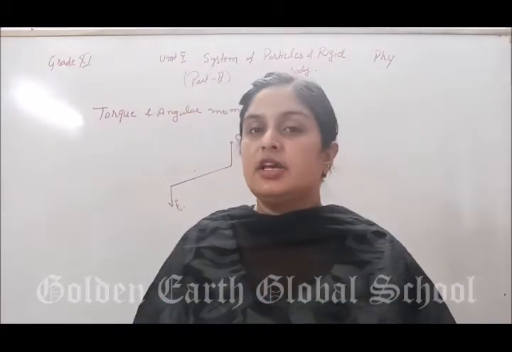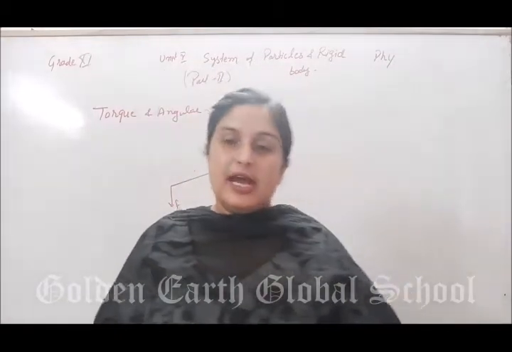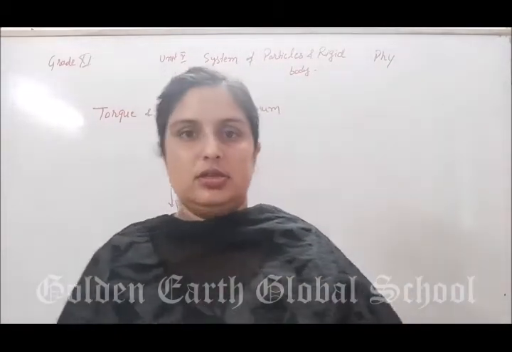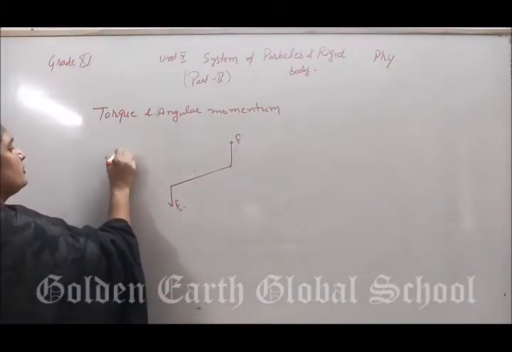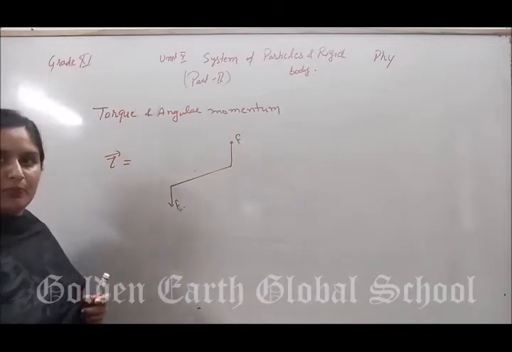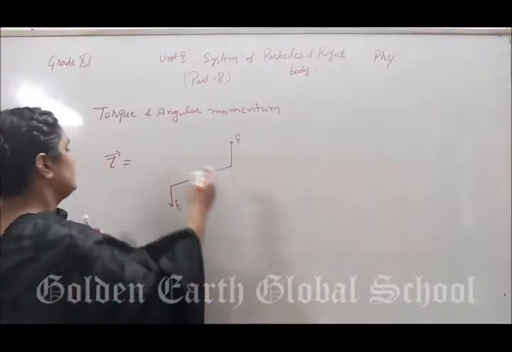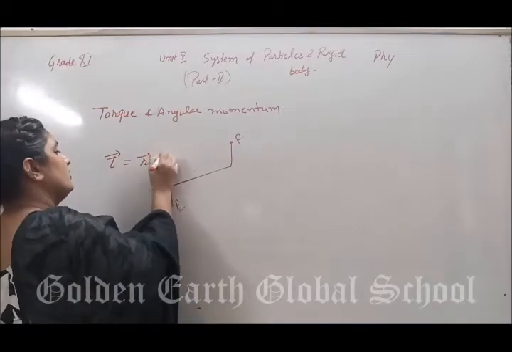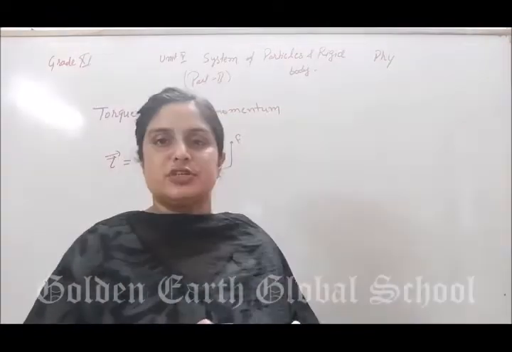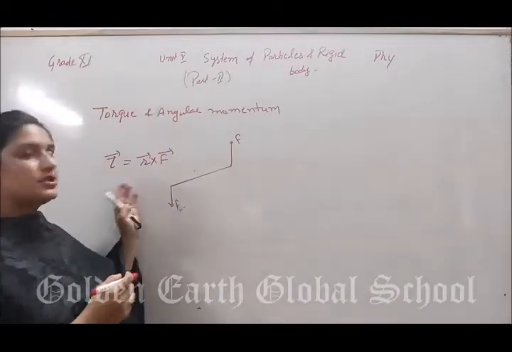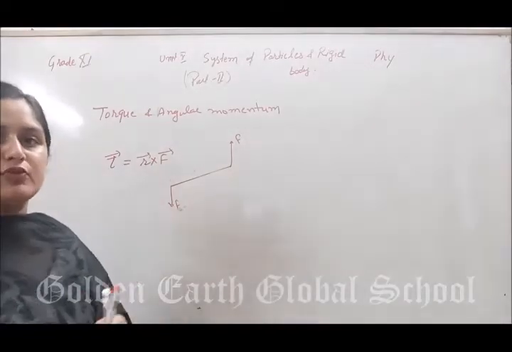In that case there will be a torque acting on the object, and that torque is represented by the symbol tau, T-A-U, and it will be equal to the product of force into the perpendicular distance between these forces.